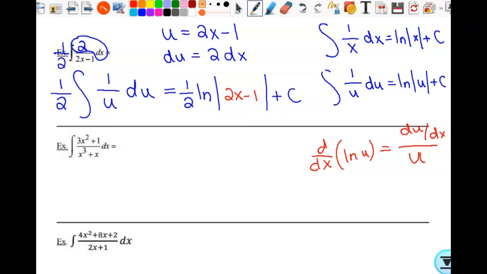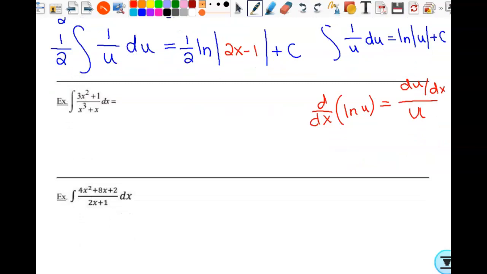Now, a couple years ago, multiple choice question number 1 on the AP exam was 1 over x squared with respect to x. One of the distractor answer choices was natural log of the absolute value of x squared plus c. Many students got fooled by that, and this is actually one of the top 10 mistakes on the AP exam.